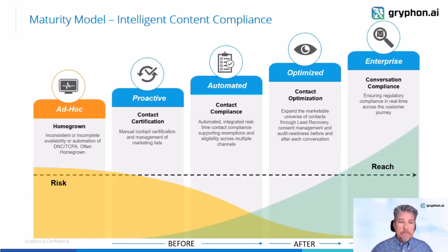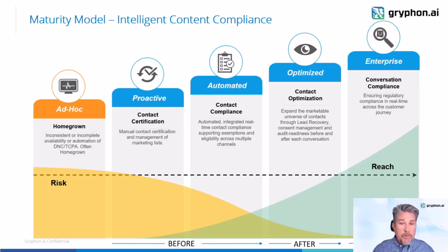So let's take a look at the maturity model. The good news is there are best practices about how to follow a maturity model to help you understand where you are today and how you can be more compliant across all of your customer engagement. This maturity model highlights the typical journey to ensuring contact compliance across the enterprise. Many companies start by just building a homegrown application.